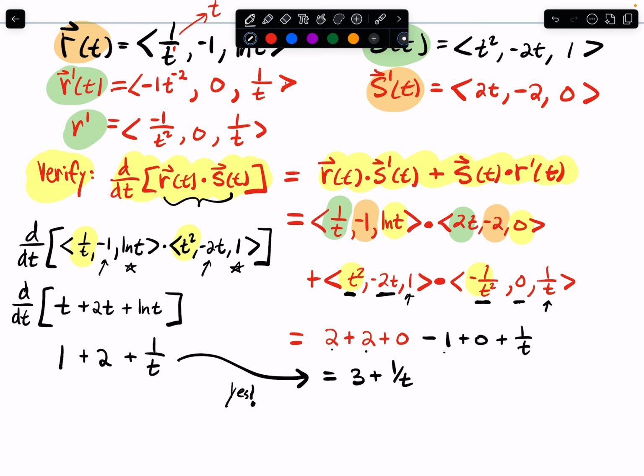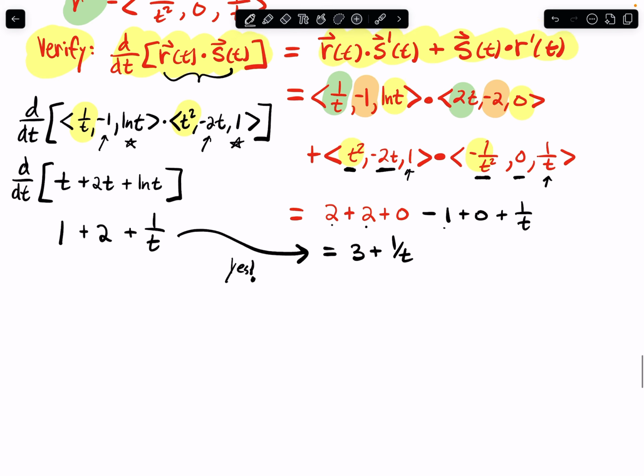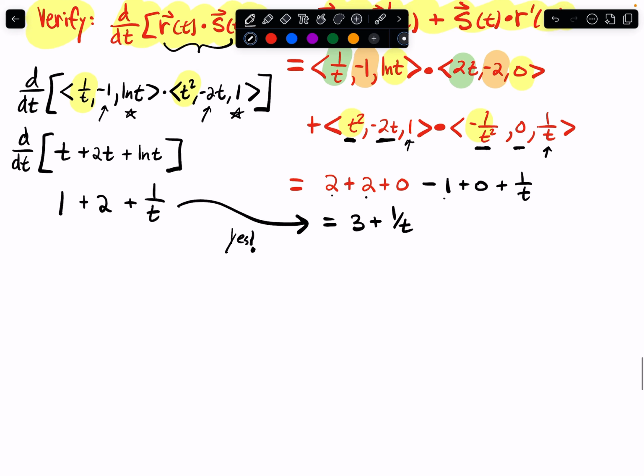Okay, the next thing that I want to do is d dt of r of t cross s of t. Okay, I want to calculate this. All right, so to do this, I think what I'm going to do is I'm going to do the cross product here and then take the derivative.